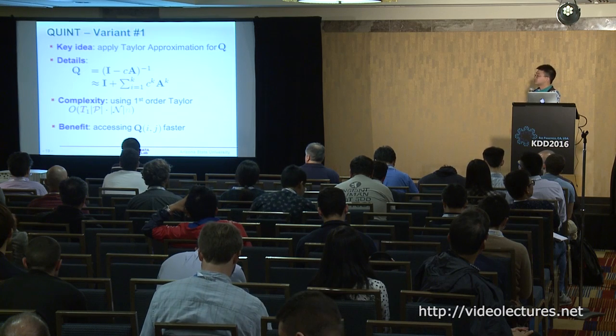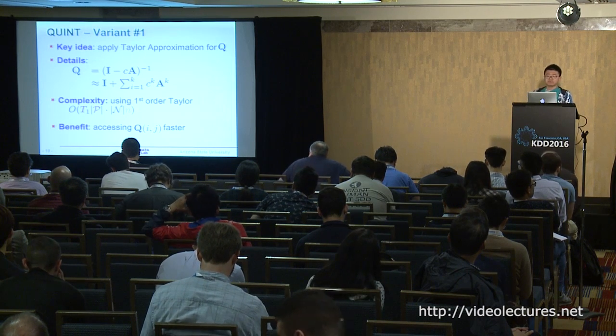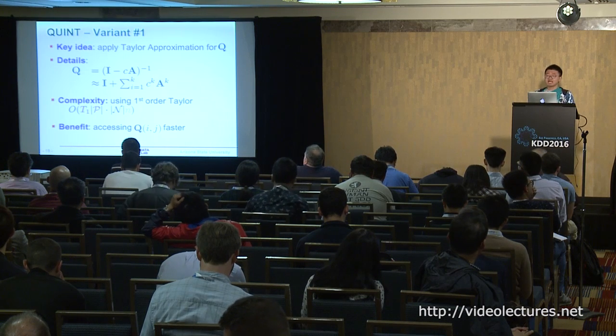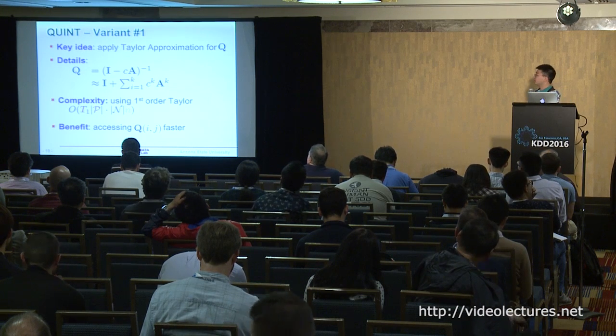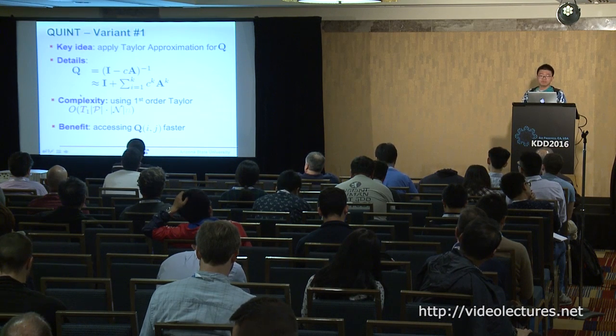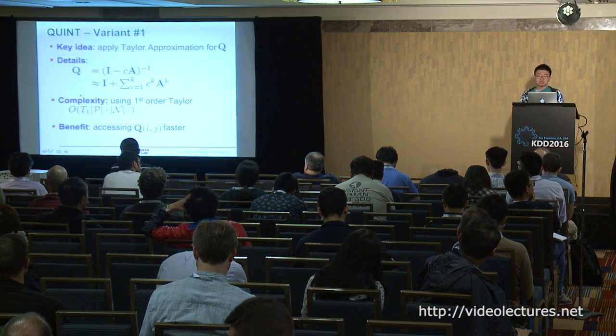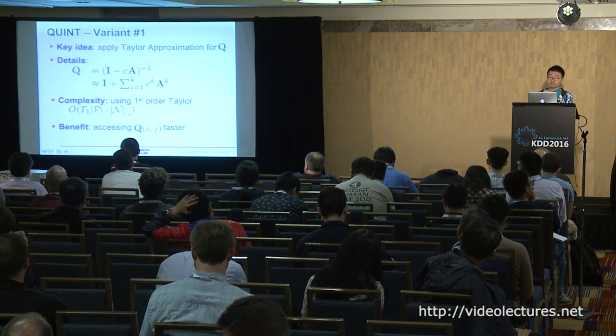We also provide two variants to further speed up the computation. In the first variant, the key idea is to apply a Taylor approximation for the matrix A. The complexity using first-order Taylor expansion is big O of T1 times P times N times n.